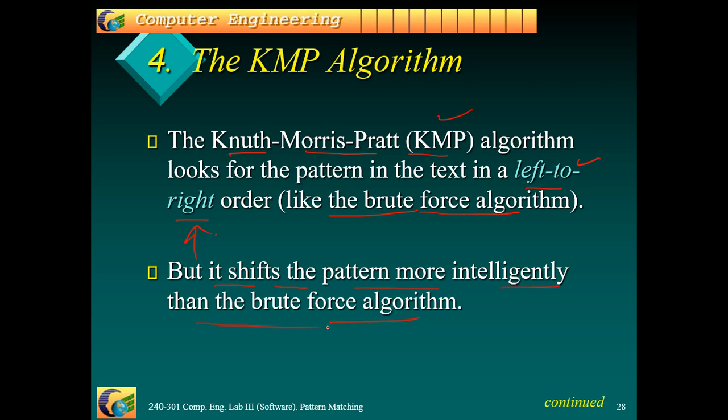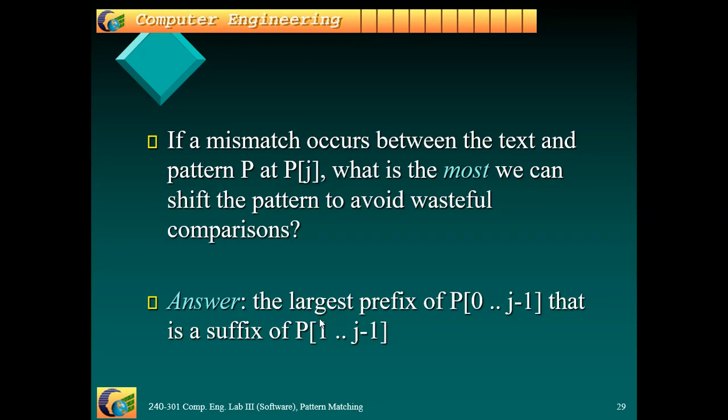In brute force, what happens when there is a mismatch? You shift the pattern to the next position of the text. Wherever the mismatch occurs in the text, next to that character you shift your entire pattern to align p of 0 to t of i plus 1. But here you shift the pattern intelligently to align with the text so that the number of comparisons can be reduced.